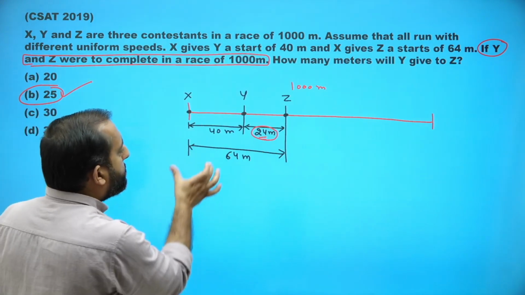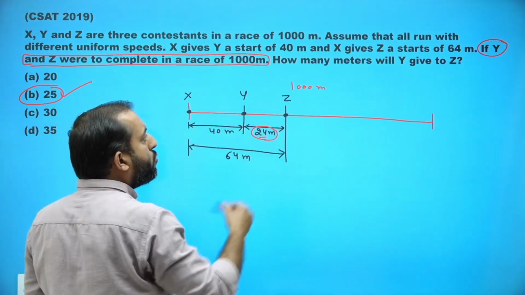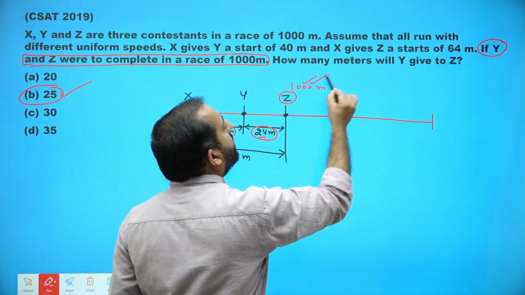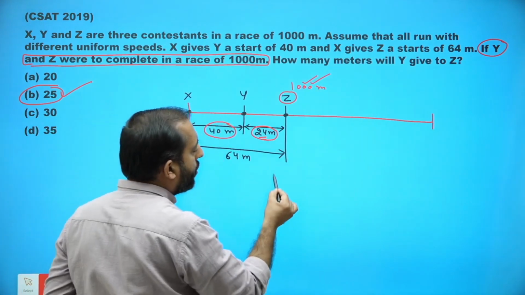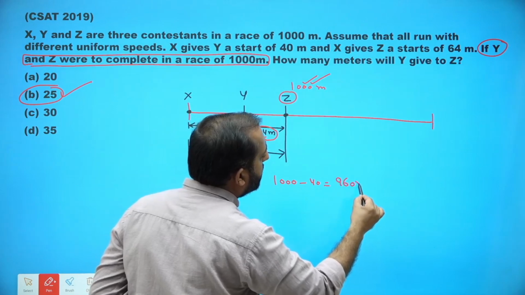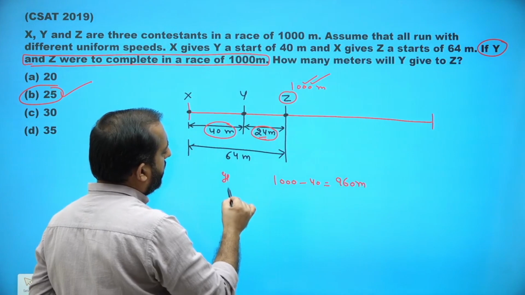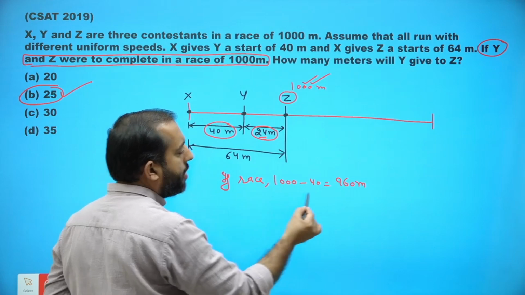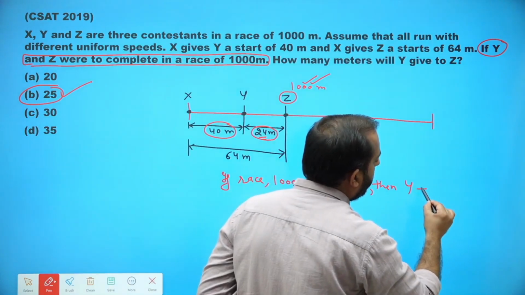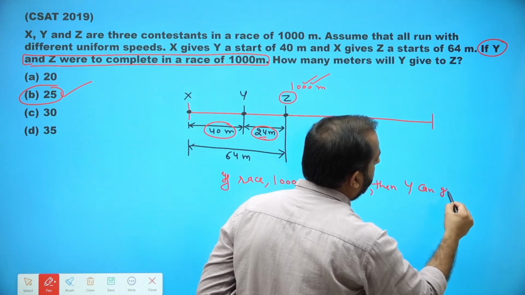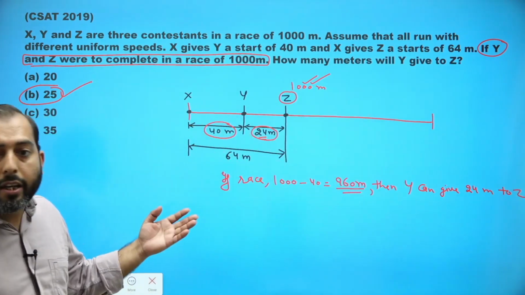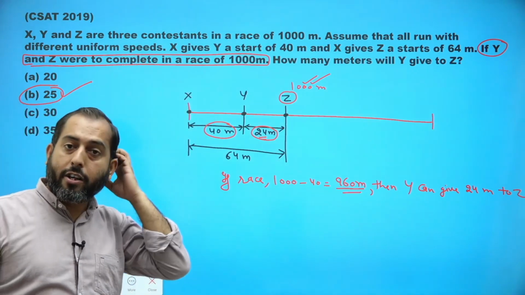If Y is covering 40 meter less than 1000, meaning 1000 minus 40, that is a race of 960 meter, then Y can give 24 meter to Z. This is the meaning that we can draw from the given piece of information.